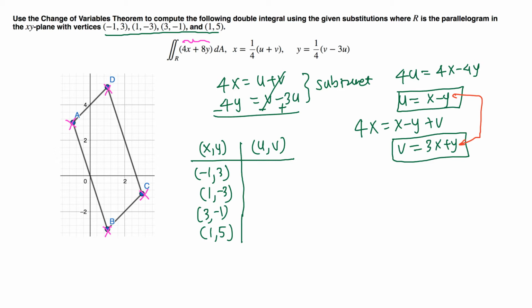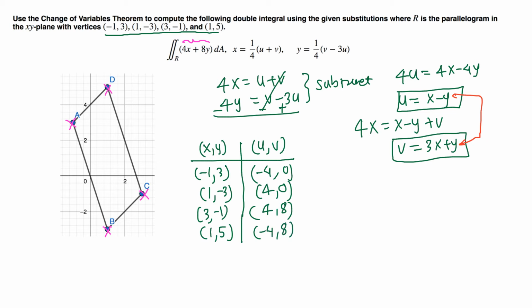Plug in here, u is -1 minus 3, so -4. v is 3 times -1, -3 plus 3, 0. For (1, -3), u is 1 minus -3, 4, and v is 3 times 1, 3, plus -3, 0. And similarly, plugging in the other points, you get (4, 8), and you get (-4, 8) here.